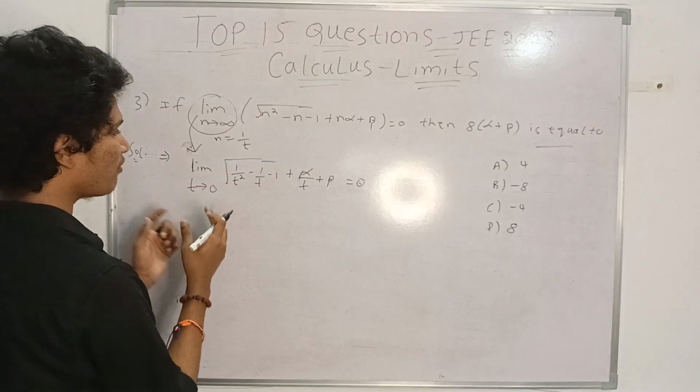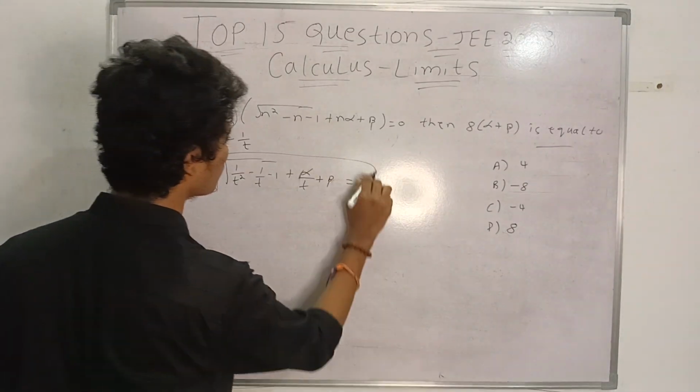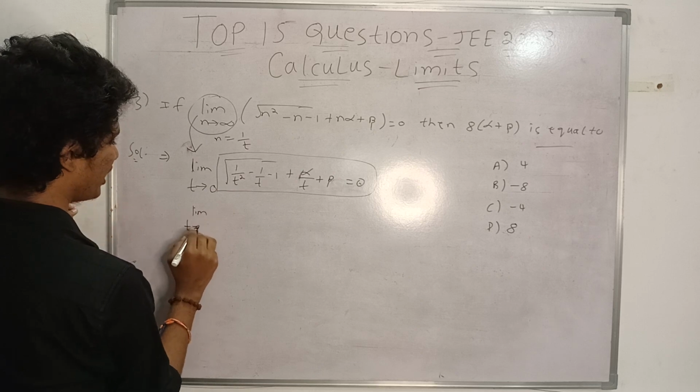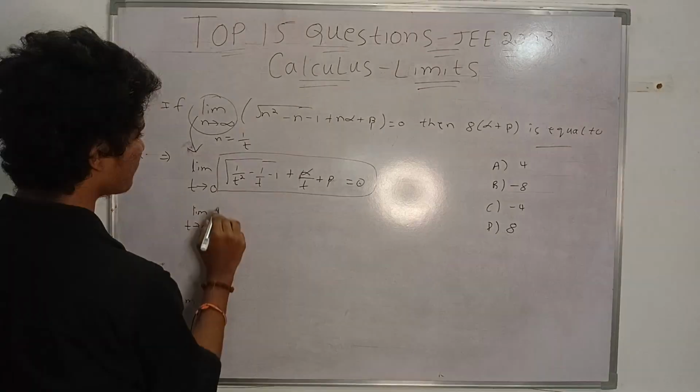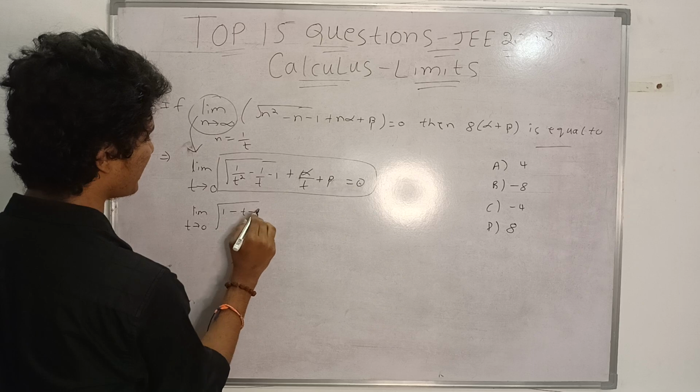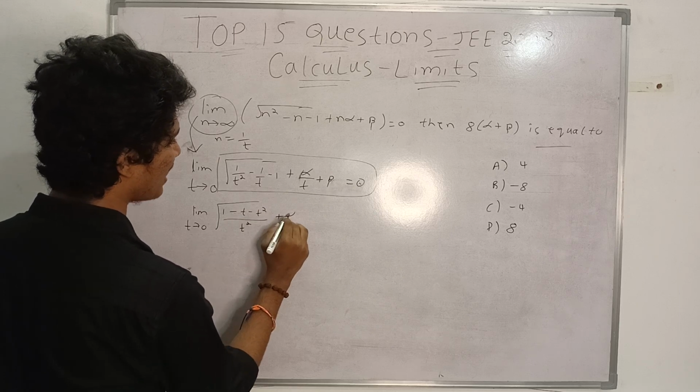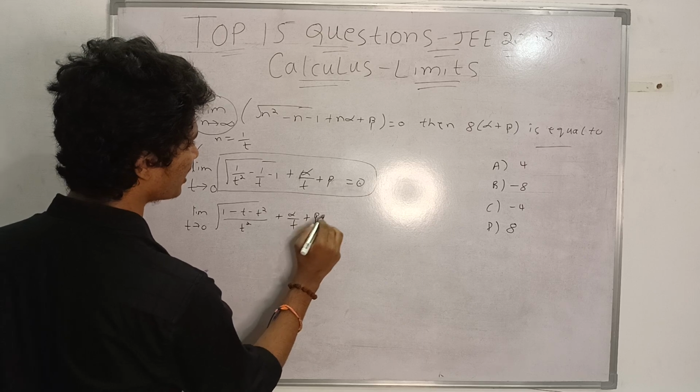And when t equal to 0, we have to solve this and we can get the answer. Limit t tending to 0, what will it become? Root of 1 minus t minus t square divided by t square plus alpha by t plus beta equal to 0.